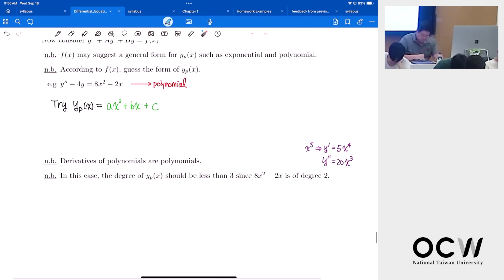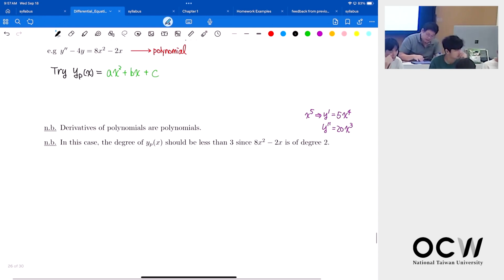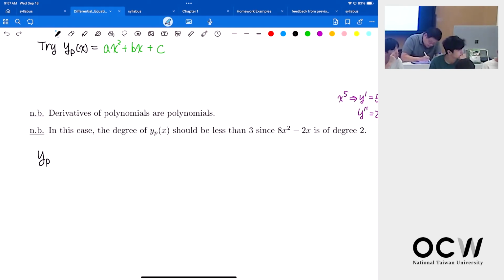So now in this case, let's see. Suppose we guess the particular solution is polynomials in degree 2, or the order 2. Then we need to bring this particular solution back to this equation. It should satisfy. Therefore, we can find the constants a, b, c. So y prime, we have 2ax plus b. And y double prime, we get 2a.